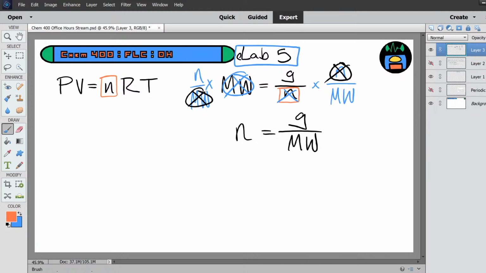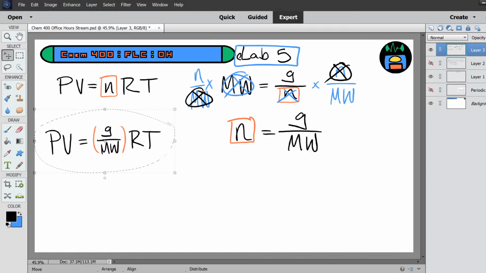And now we can substitute this into the ideal gas law. You'll notice that when we do, we get the expression PV equals our value for n, moles from the equation for molecular weight, which is grams of that substance divided by the molecular weight, times RT.